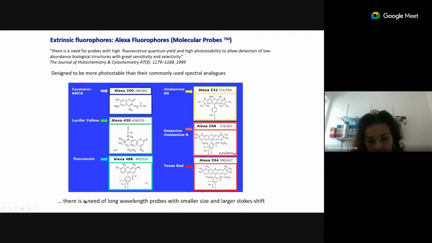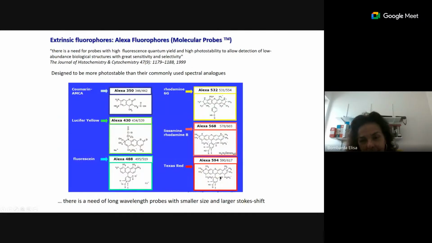And there is actually really a need for long wavelength probes, and in particular with a smaller size, because in fact to reach long wavelength, you are obliged to increase the degree of conjugation, and so you have a tendency to increase the dimension of the system, as you see here.